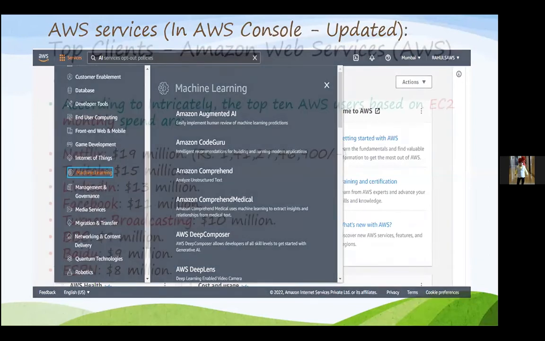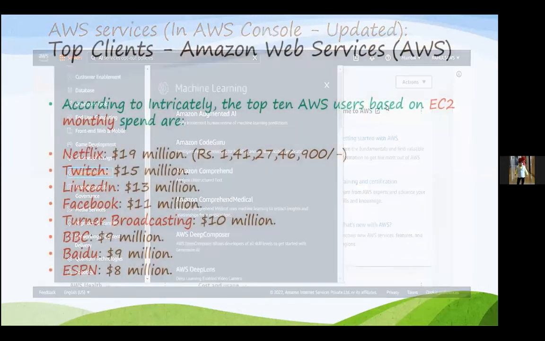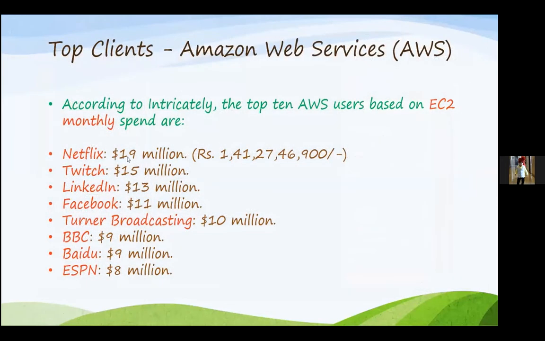Okay, so as I told you, among the top clients of Amazon Web Services, Netflix pays $19 million to Amazon Web Services per month. Friends, I have not mentioned this on my own. This is the list you will get on Google.